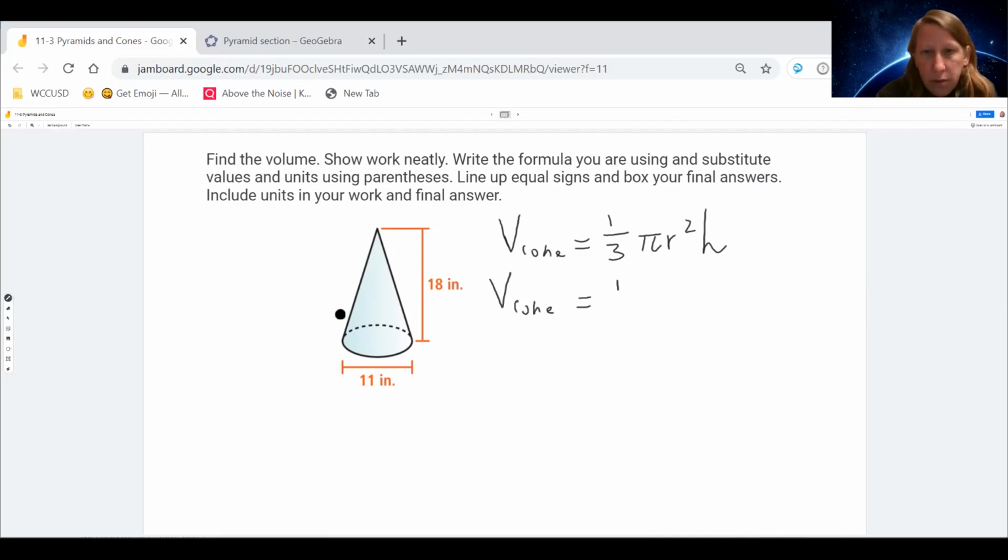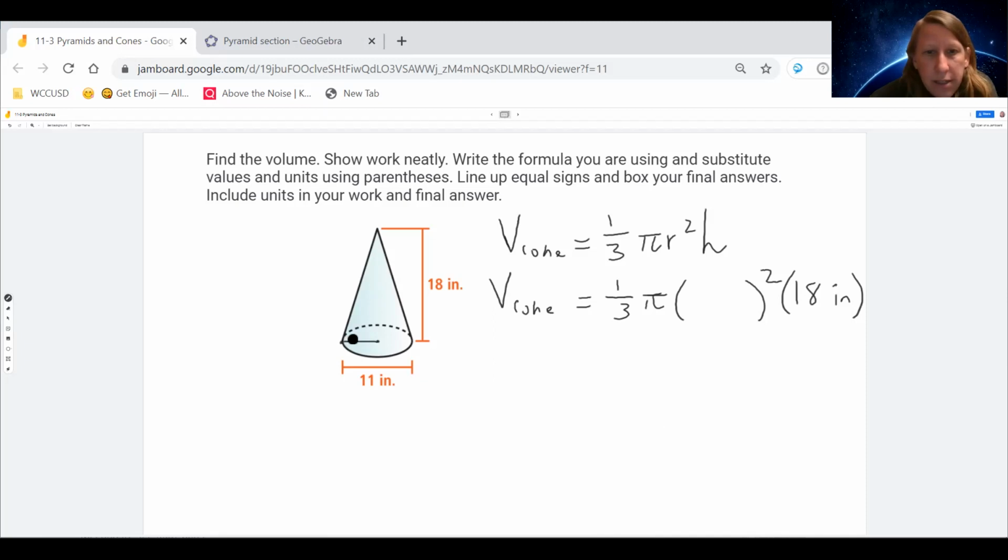The height of this cone is 18 inches. What's the radius of this cone? Careful, it's not 11, is it? Radius is from the center of the circle to a point on the circle. So I could go out maybe to there.